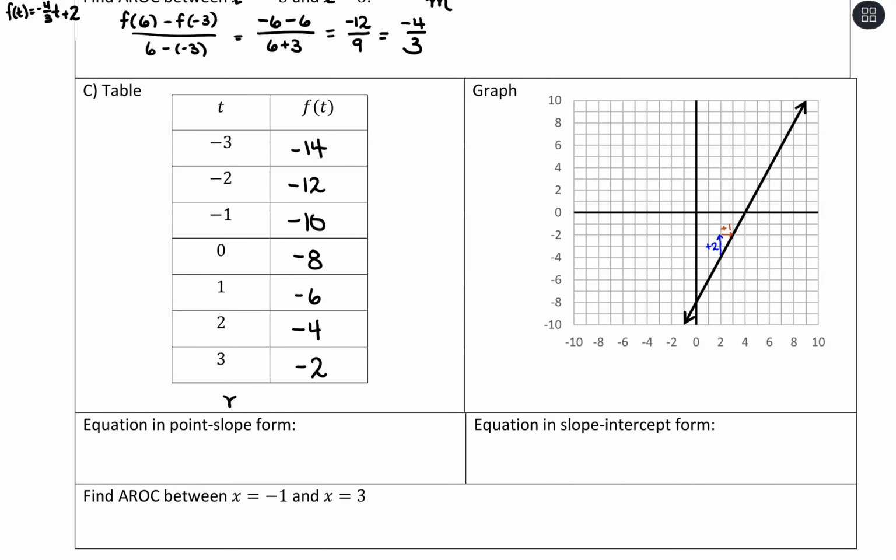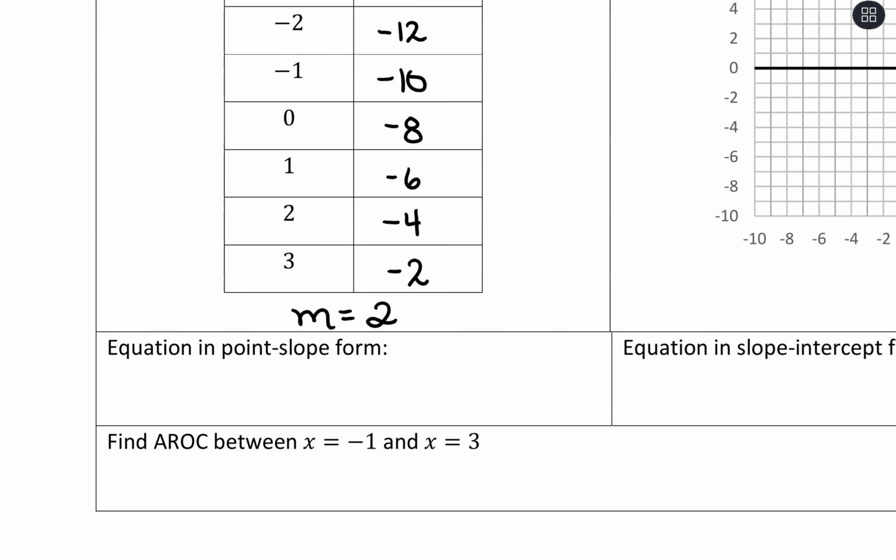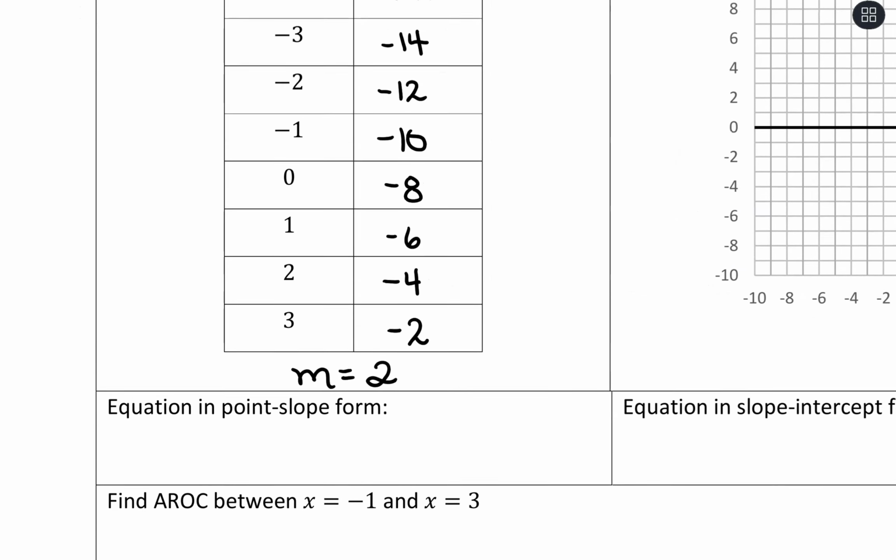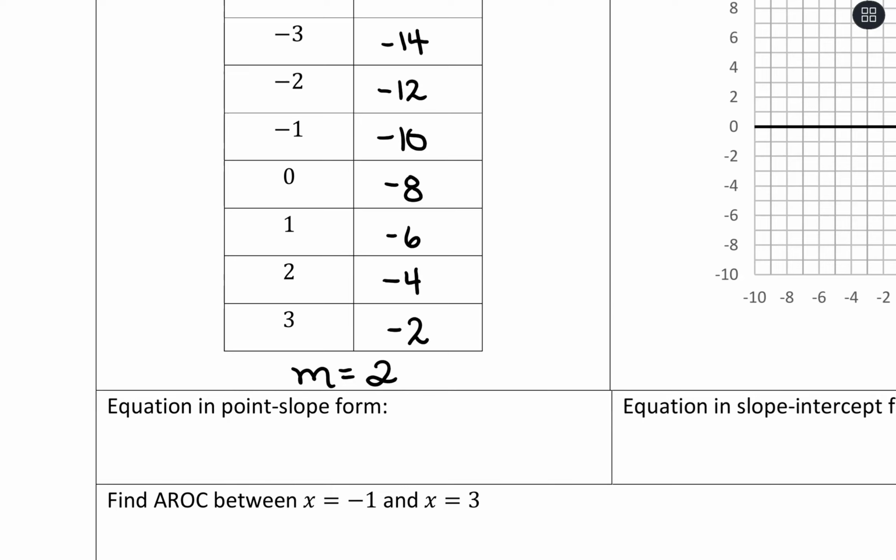Okay, so what we're seeing from this is a slope of +2 because of our rate of change on the graph. So for the equation in point slope form, again, I'm just going to choose a coordinate. Doesn't matter which one. How about 2, -4?